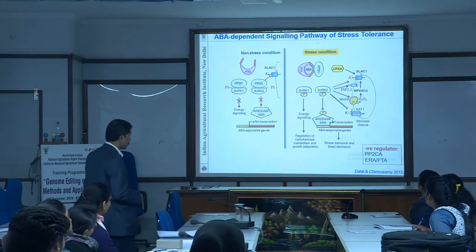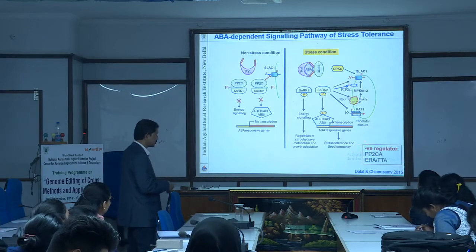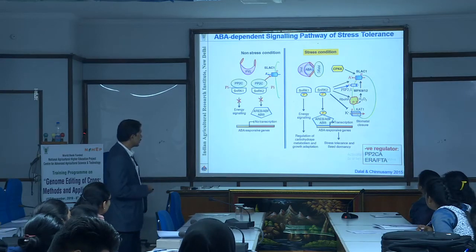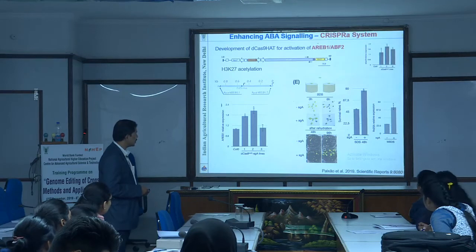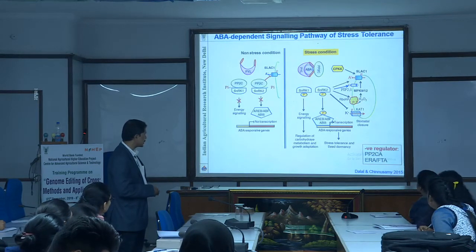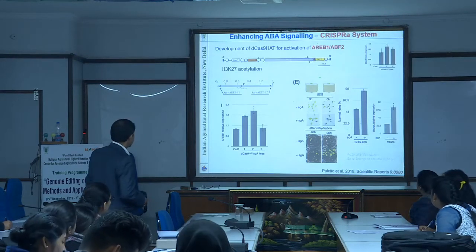But these are a group of proteins which work as negative regulators. So these two are the important negative regulators of the stress signaling. So either you can modulate the receptors, or the positive regulators, that is, target the transcription factor, or you regulate this negative regulator for improving the stress tolerance.